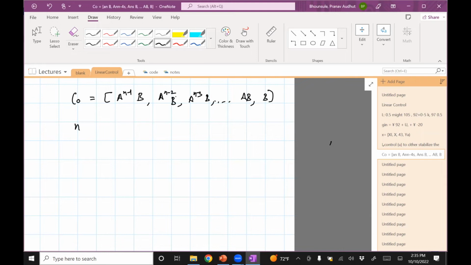Okay, what is n? n is the system DOF. So for example, in the spring mass damper example we talked about, n was 4.